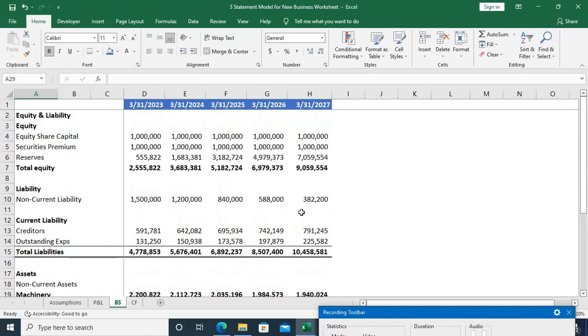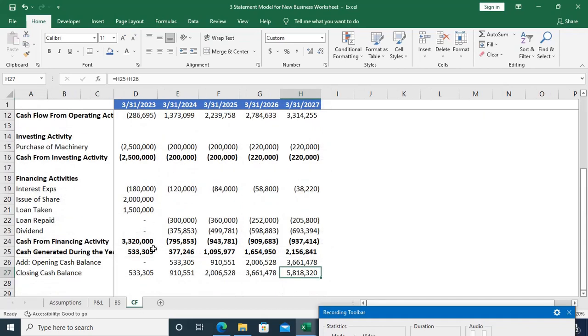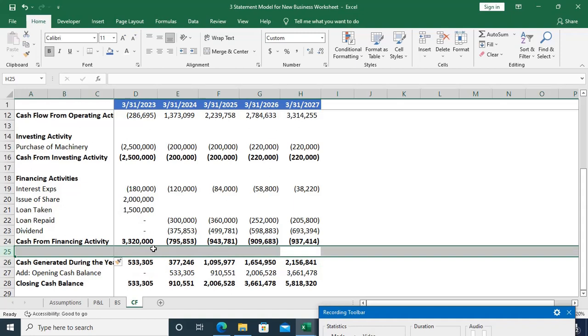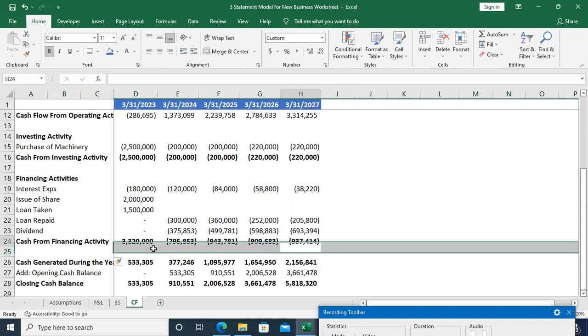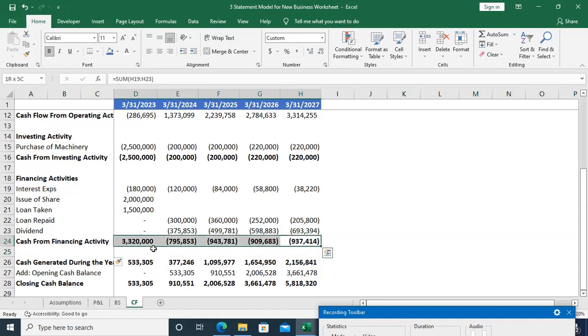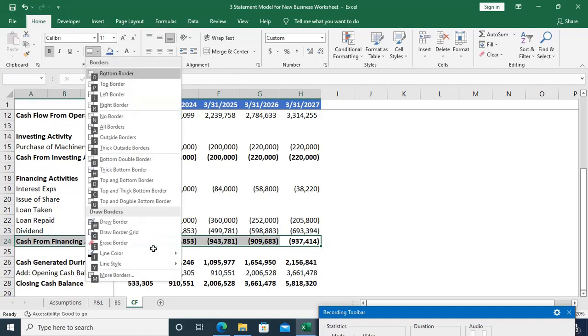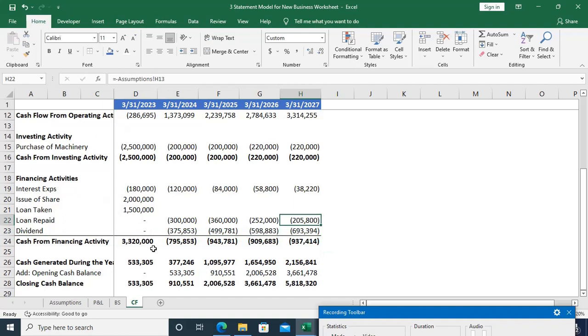So now like that you can make it a bit presentable as you want it to be. You can make it a bit presentable like Alt HBP for the top border, financing.